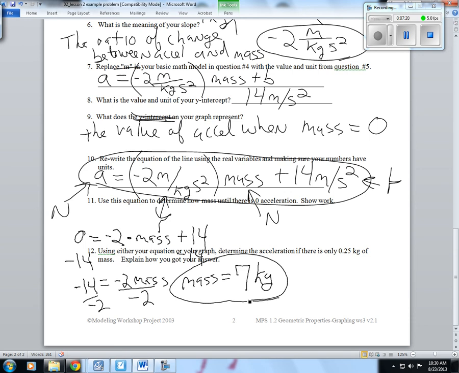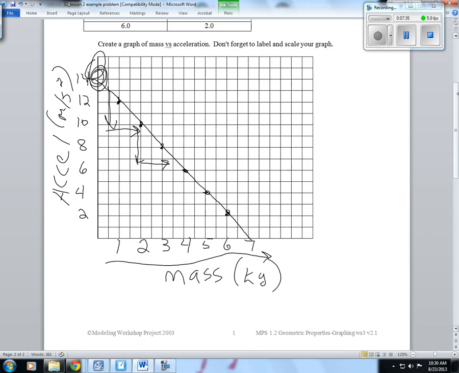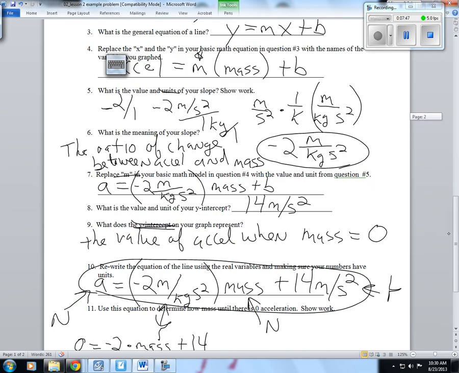Number 12 says, using either your equation or your graph, determine the acceleration if there is only 0.25 kilograms of mass. We'll go back to our equation, but we can also look at the graph. If there's 0.25 mass, that's right in here, it's going to be somewhere closer to 14, greater than 13, so somewhere between 13 and 14.